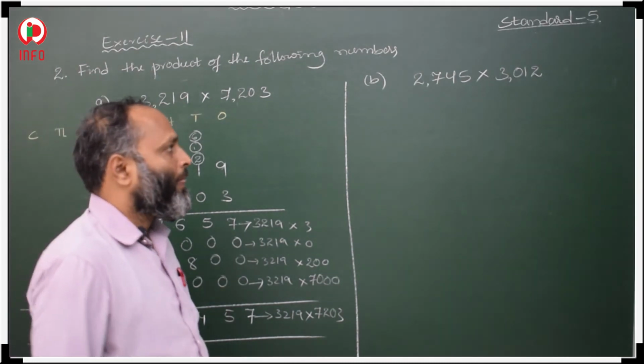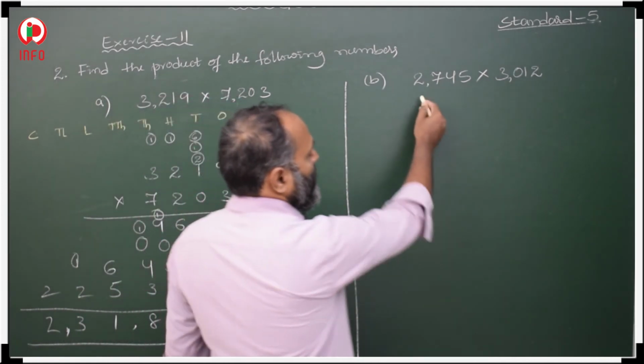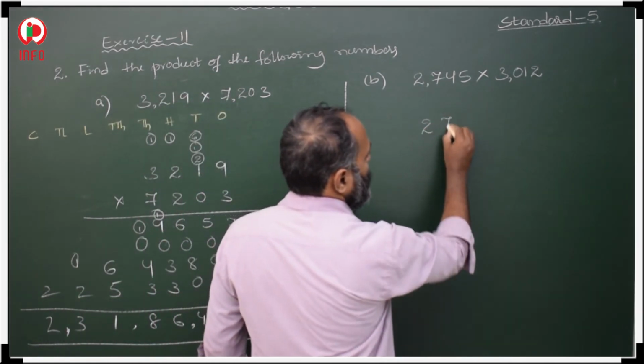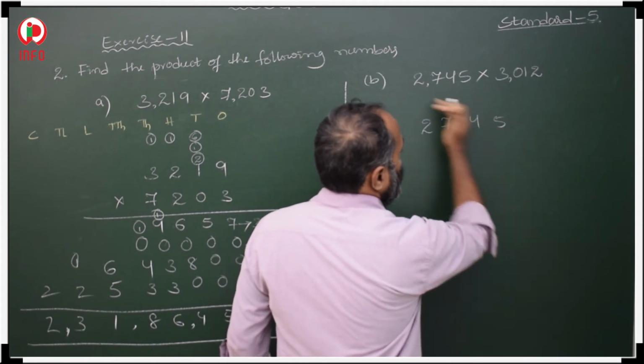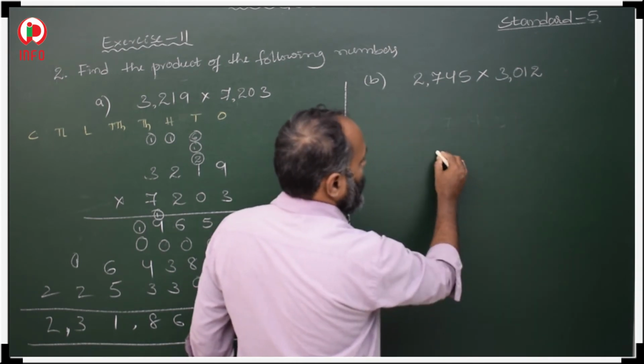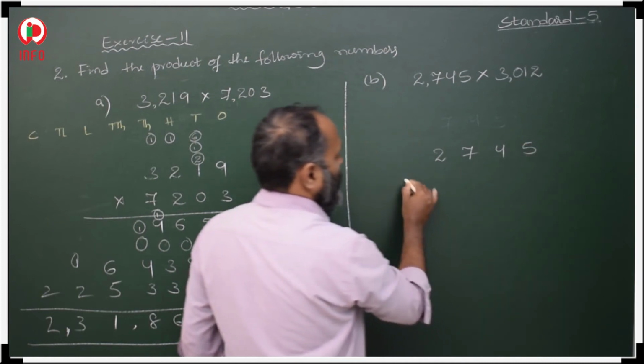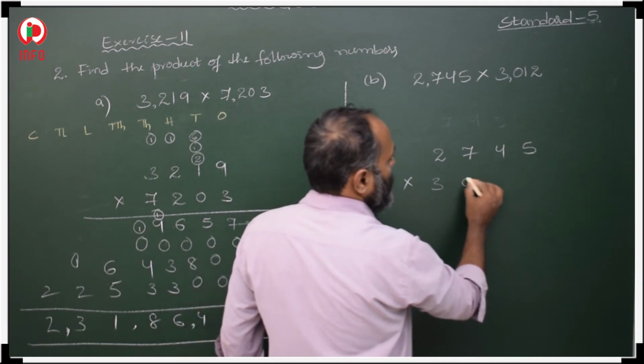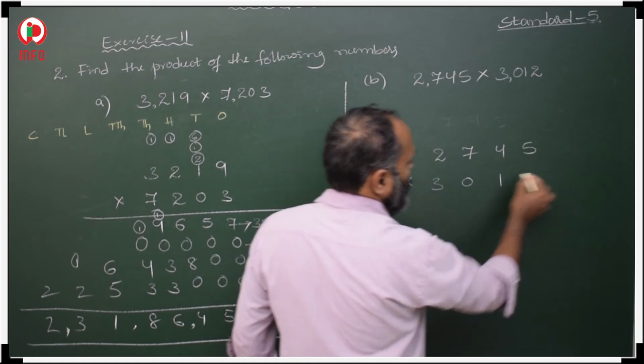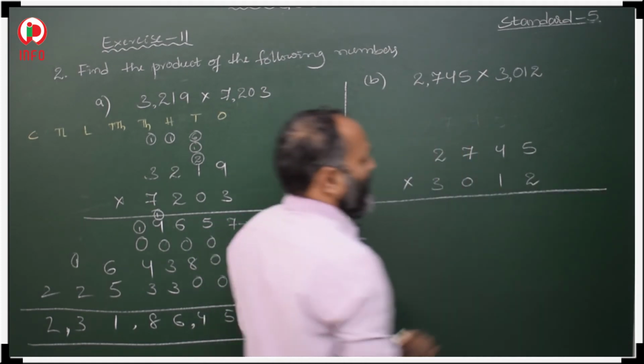Okay. Now first we have to write the starting number 2745. Don't write it like this, leave some space, 2745 and multiply with 3012. Now you multiply.